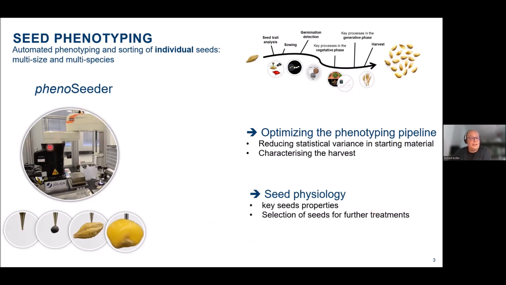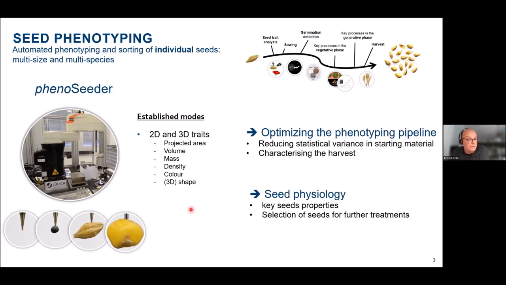And as you can see here, as one of our facilities, the so-called PhenoSeeder, which is a pick-and-place robot system, we can screen different seed sizes, starting from the small seeds, Arabidopsis, to rapeseed, barley, and wheat, or also corn seeds. And the traits that we have established at the moment here are, for example, projected areas, volume, mass, density, and color information, or 3D shapes. And this is all done on an individual seed level.